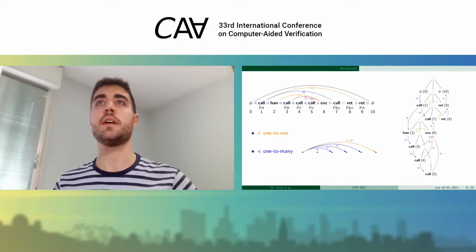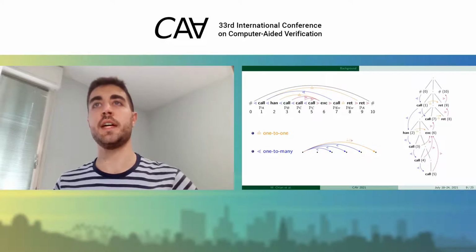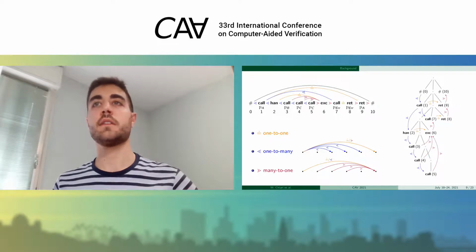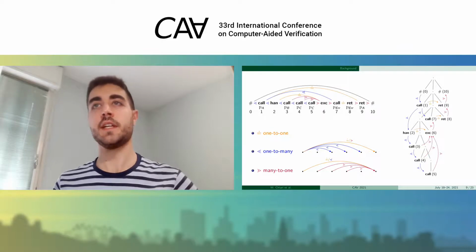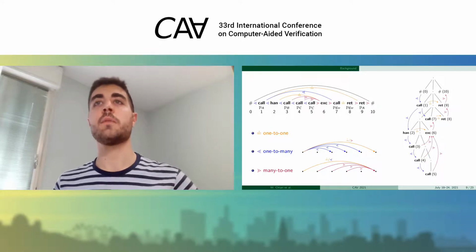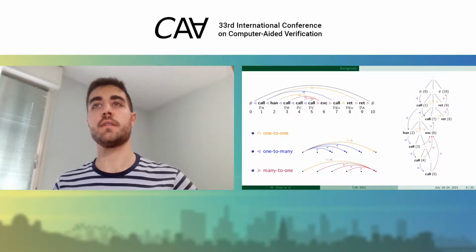So, for example, if you look at the call in position 1, it's matched with the handler, and the call in position 7 by the yields precedence relation. And also positions in the takes precedence relations form a many-to-one chain.